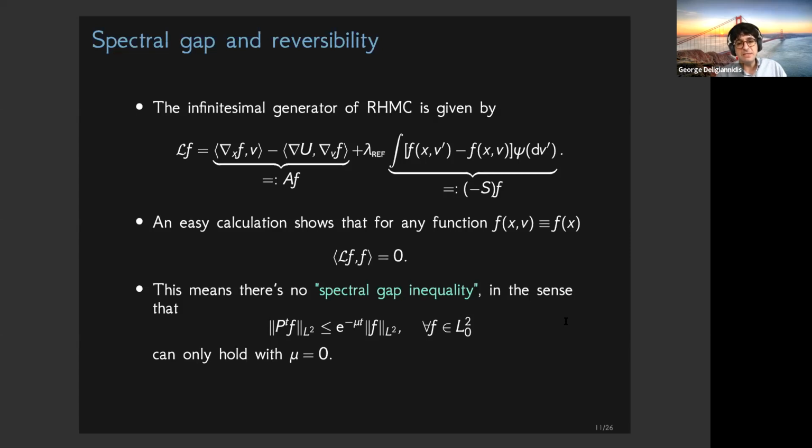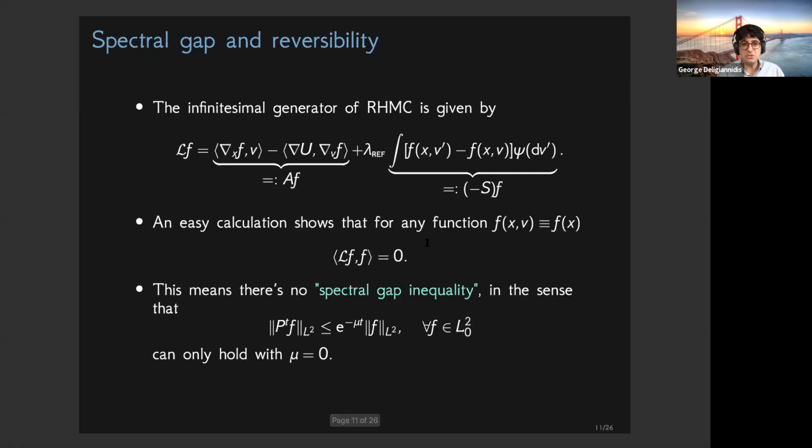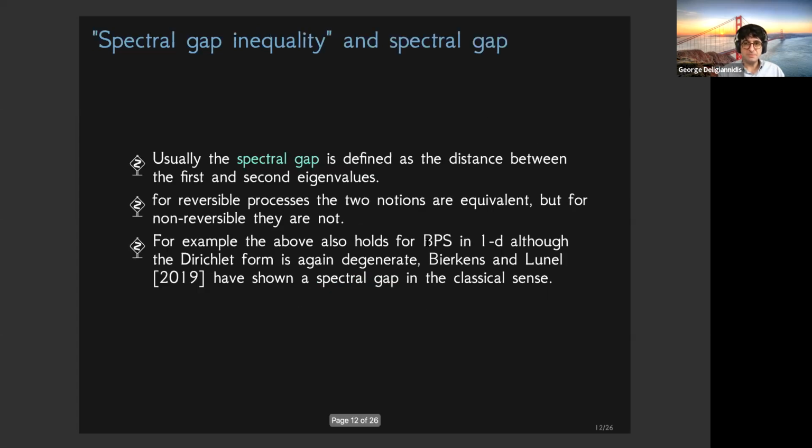This immediately means that there may not be a spectral gap inequality on the Dirichlet form of the form of equation 1, and therefore there may not be an inequality of the form 2 with a non-zero constant. Well, obviously with mu equal to 0, that's just the contractivity of the semigroup, so it's not interesting. Essentially we cannot have something like this.